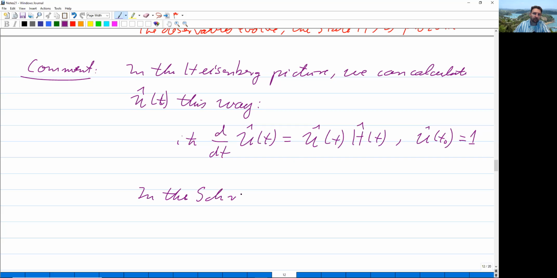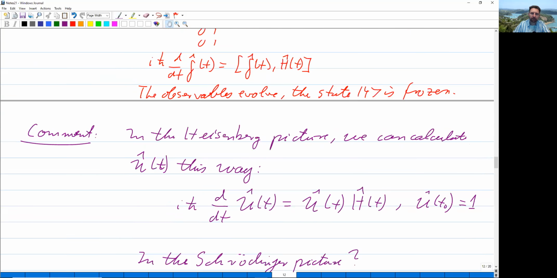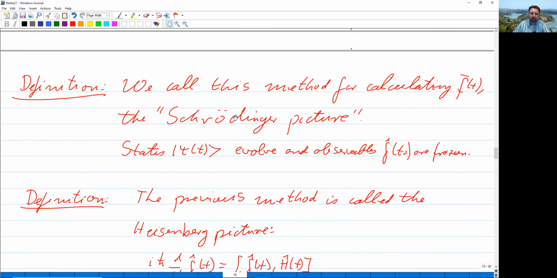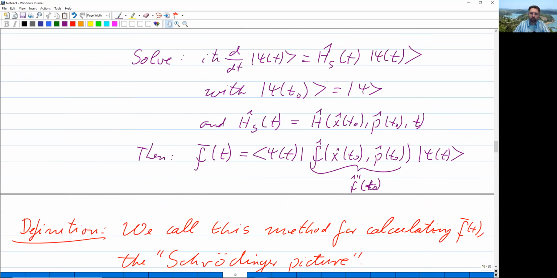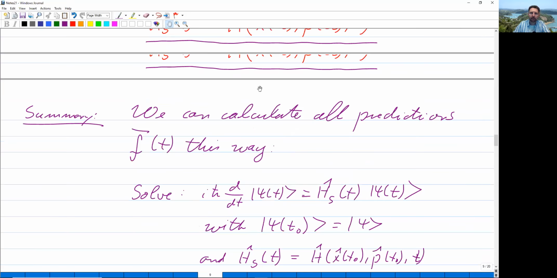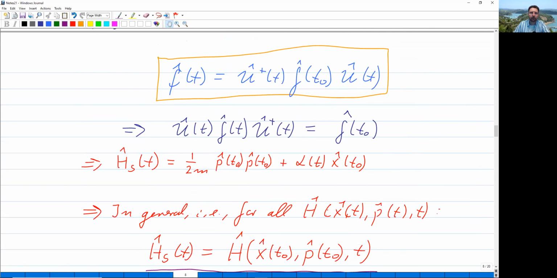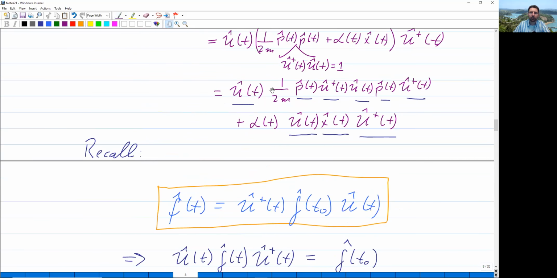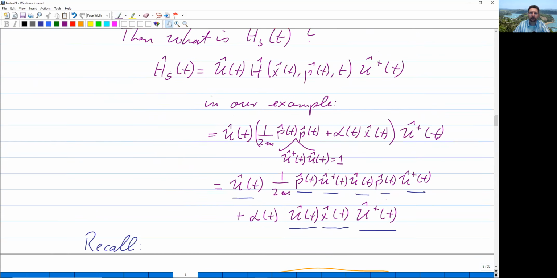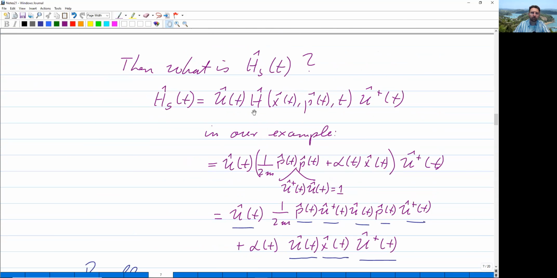In the Schrödinger picture, well, let's see. We have the following relationship between the Heisenberg Hamiltonian and the Schrödinger Hamiltonian.